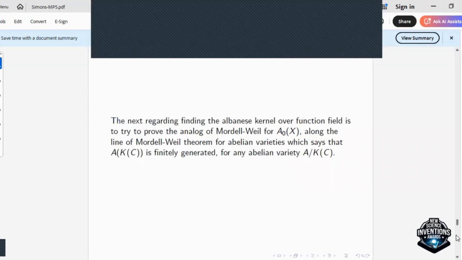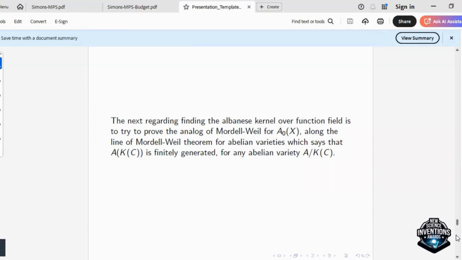The next step, regarding finding the Albanese kernel over a function field, is to prove the Mordell-Weil for A0(X). That is, to prove something along the lines of Mordell-Weil for abelian varieties, that we can try to prove that A0(X) is finitely generated, which is of course a very big conjecture.